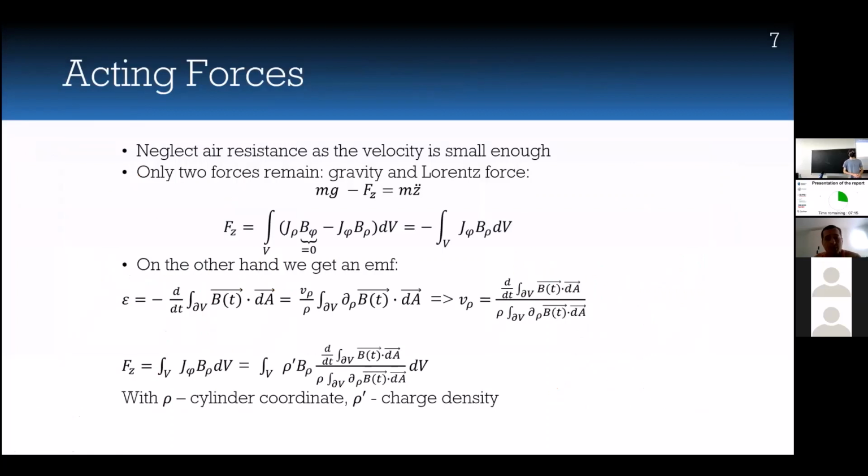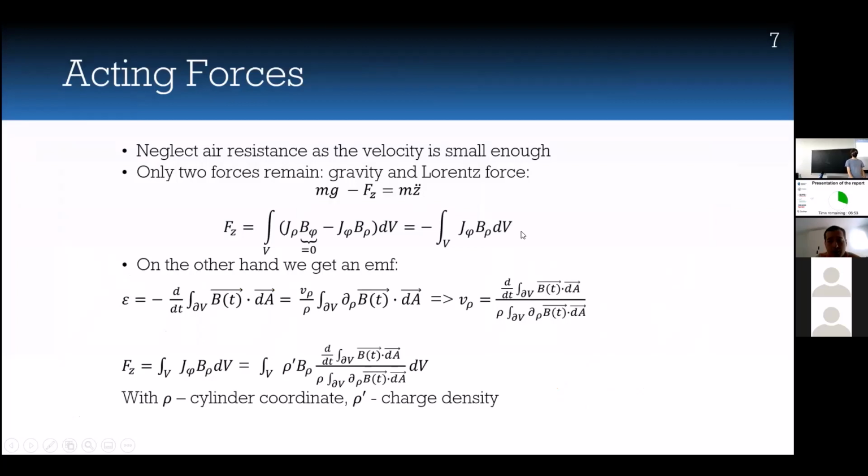All right, so to summarize a little bit, here you can see the equations. So the main equations are the gravity and the z direction of the repulsion, which can be calculated as such.